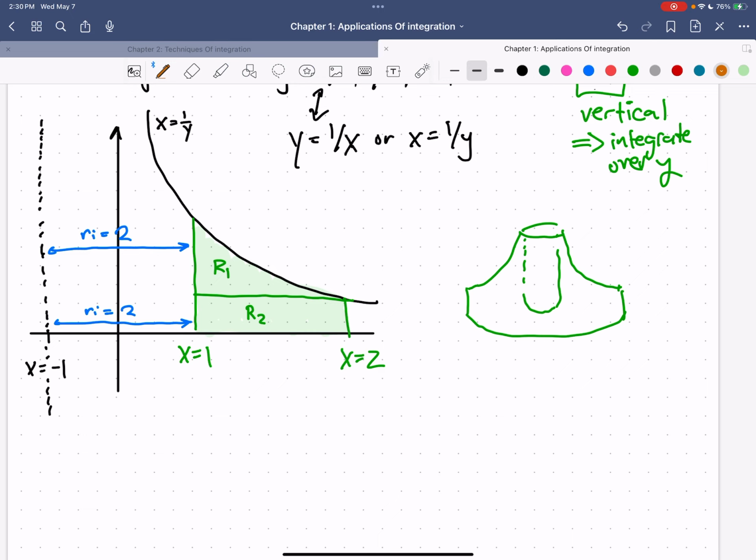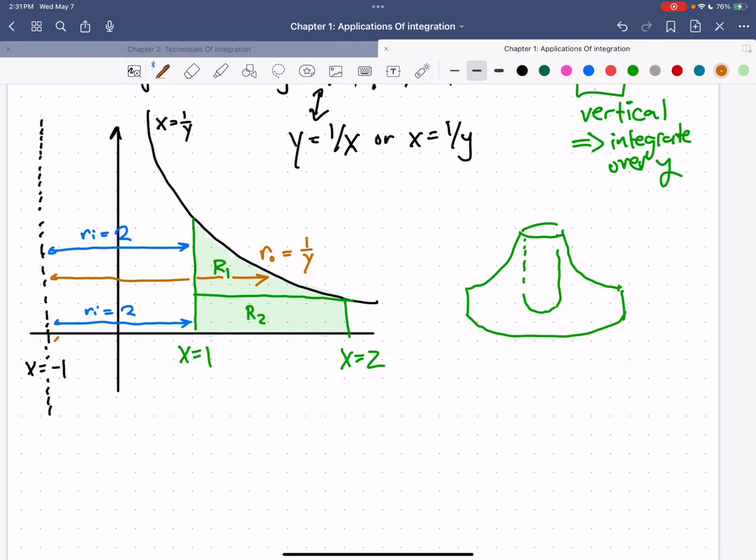For the first region, we can see that the outer radius between the axis of revolution and the outside of the region corresponds to that graph 1 over y.